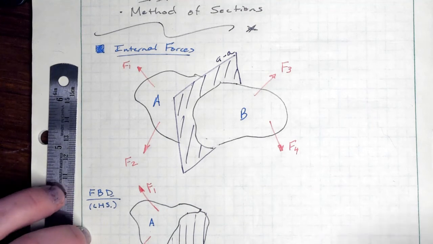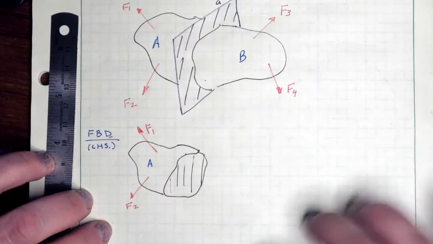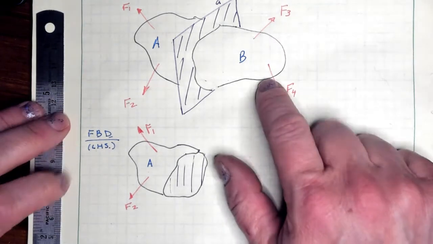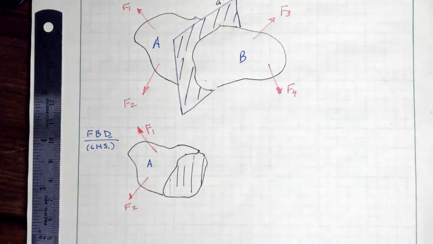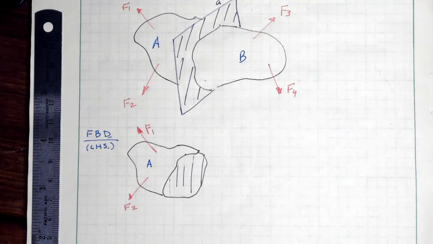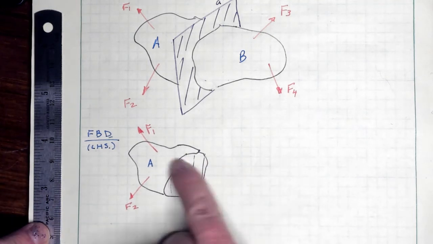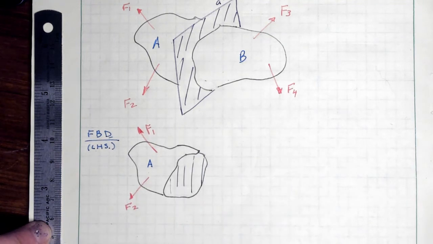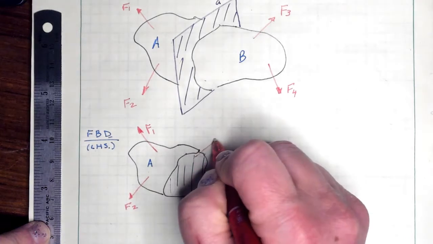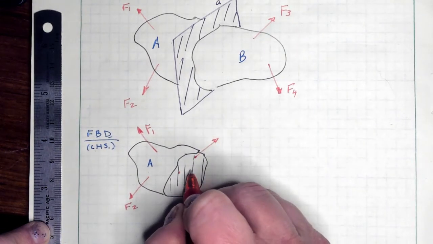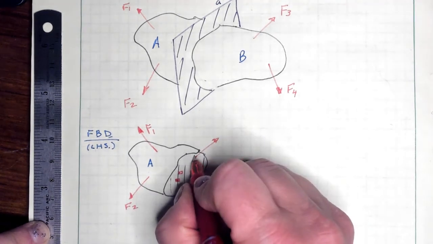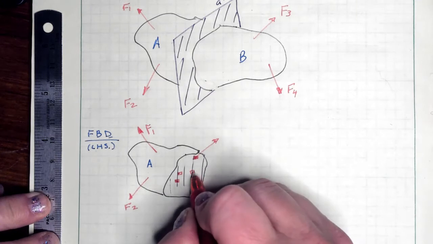Now, in order to make sure that this section is also in equilibrium, just as this whole is in equilibrium, then any piece of it is also in equilibrium. We have to then determine what are the forces going on this cut section, on that plane. You know, maybe at every little point or every little node on this plane, there is some sort of a force acting on it.